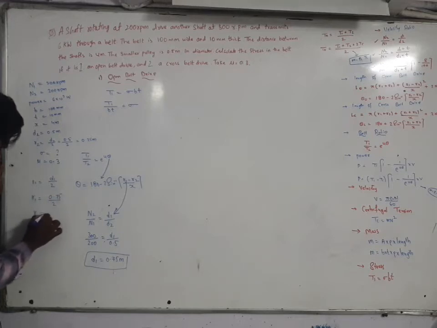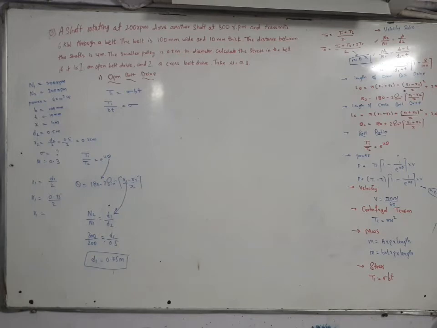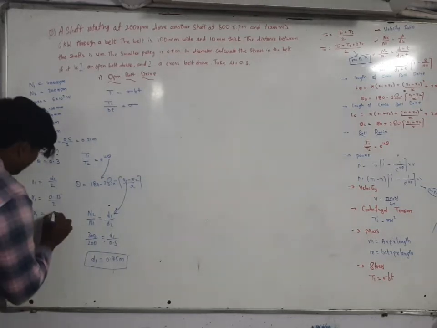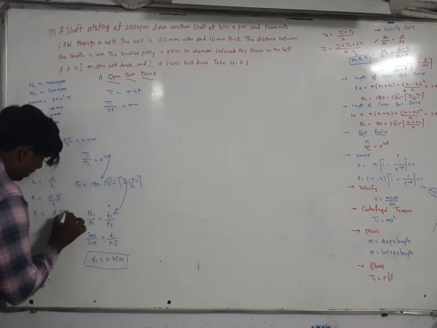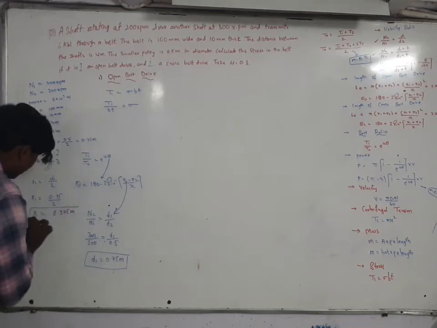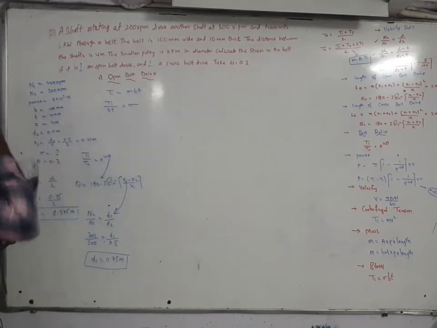With the help of calci, if you solve this one, you will get 0.375 meter. This is the value of R1. So here you got the value of R1.